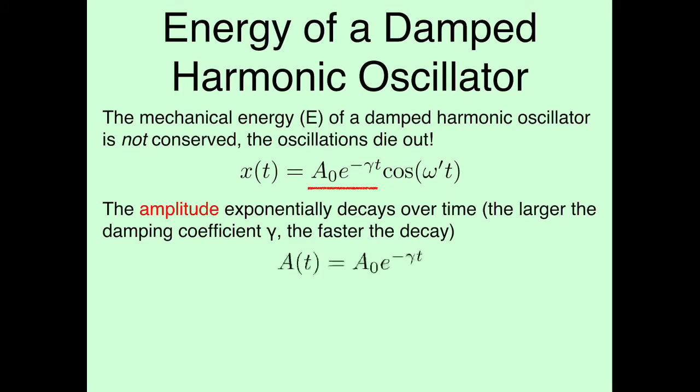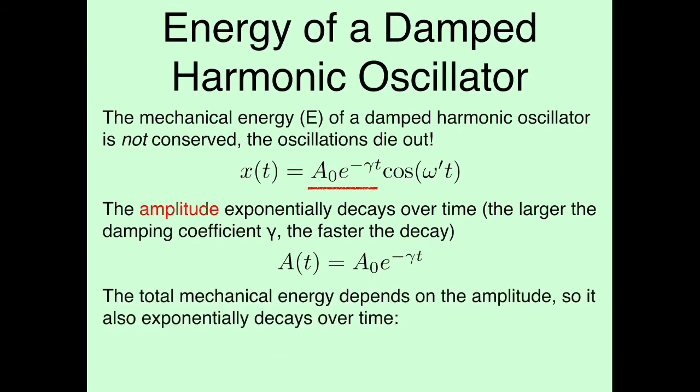So what we can say about the amplitude is it's a function of time equal to a naught times e to the minus gamma t. A naught is just the starting amplitude. Okay, so remember the total mechanical energy of a simple harmonic oscillator depends on the amplitude. So if the amplitude is decaying over time, then the energy should also be decaying over time. Remember, E is equal to 1/2 k times A squared.